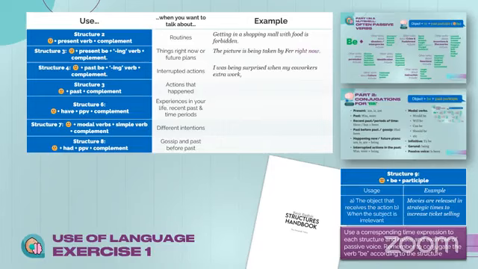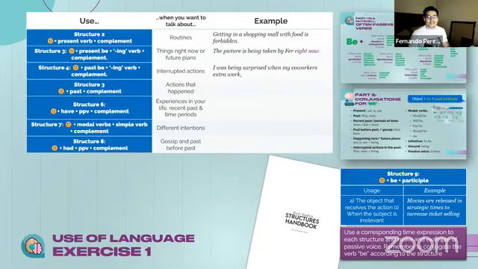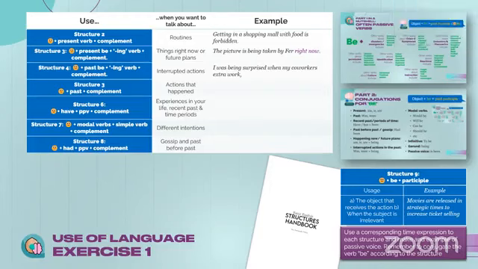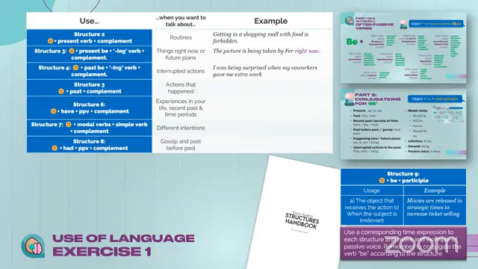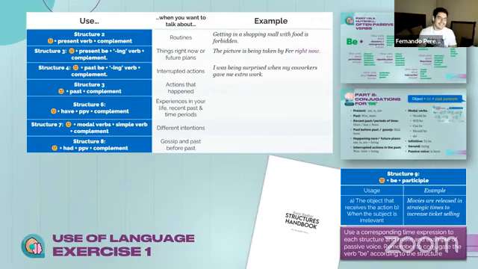You are talking in present or in past? In past. Then what is the past of give? Gave. Exactly. Gave me. And my coworkers gave me extra work. Exactly. Much better.